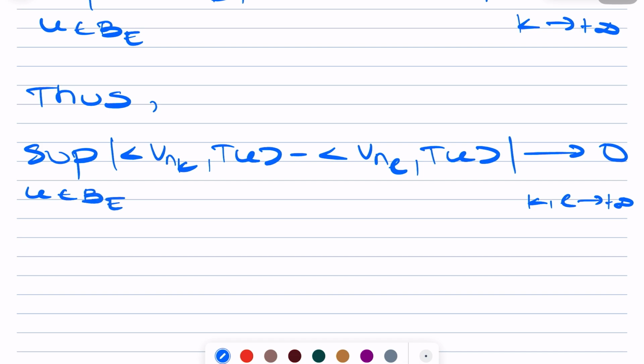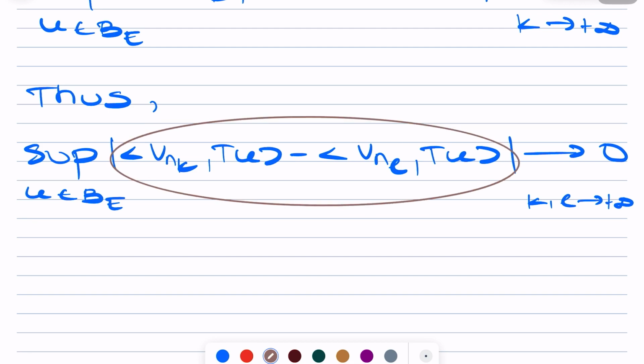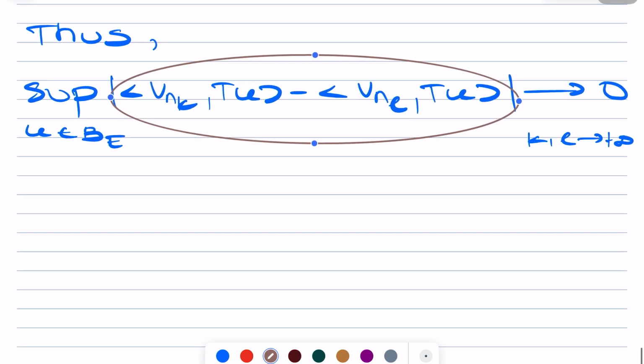But now observe that the quantity inside here is, again using the definition of the adjoint, the duality pairing of T star vnk minus T star vnl with u.